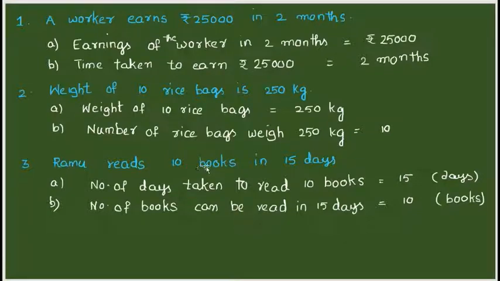Let us see the third example. Ramu reads 10 books in 15 days. If you give the preference to the number of days, we write: number of days taken to read 10 books equals 15.